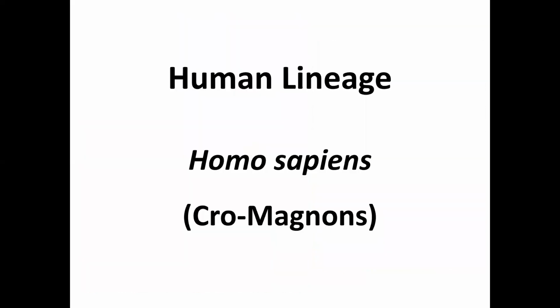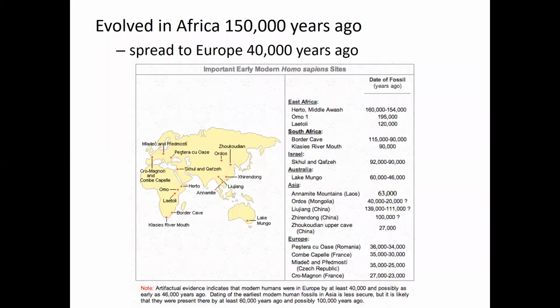So finally, we have the Homo sapiens. Early Homo sapiens, known as Cro-Magnons, evolved in Africa about 150,000 years ago, and they spread to Europe about 40,000 years ago. But there's some evidence of modern human or Cro-Magnon DNA in Neanderthals in Europe from about 100,000 years ago.